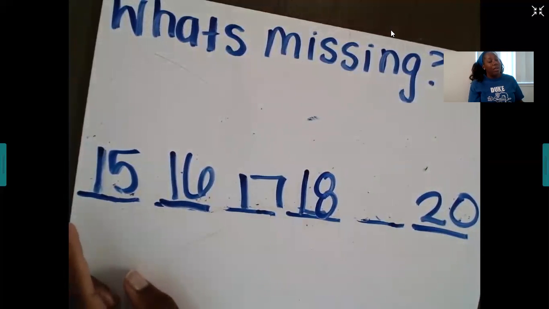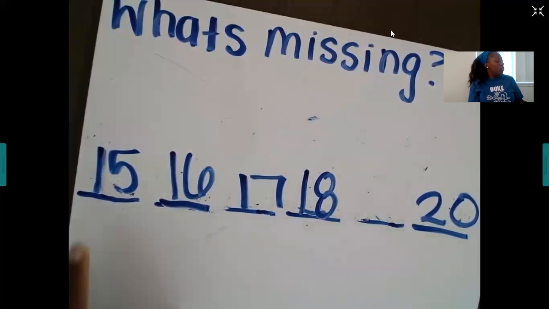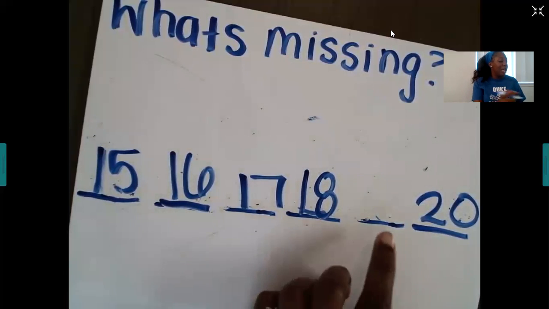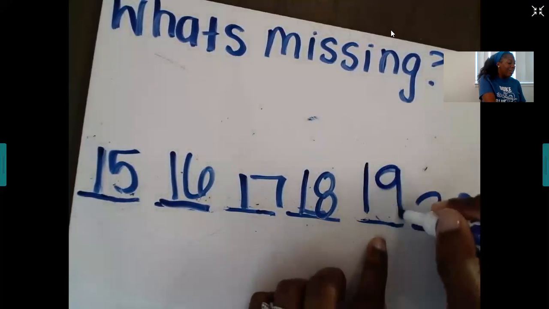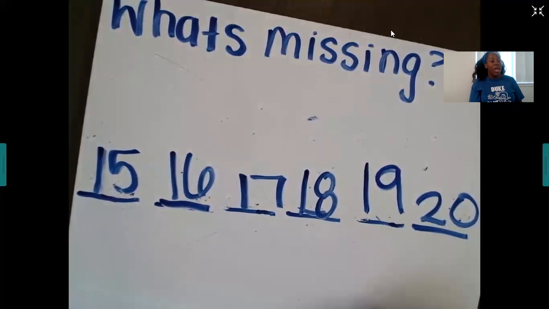If you cannot remember what comes after 18 and you need to go back and count, it's okay to do that. You can always go back if you don't remember exactly what comes after 18 right away. So you can go 15, 16, 17, 18, 19, 20.